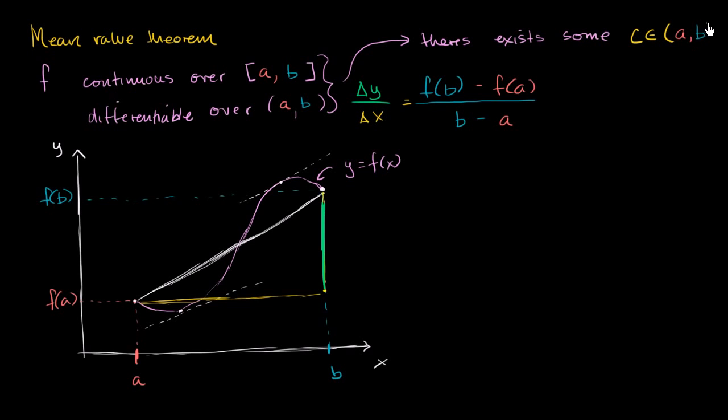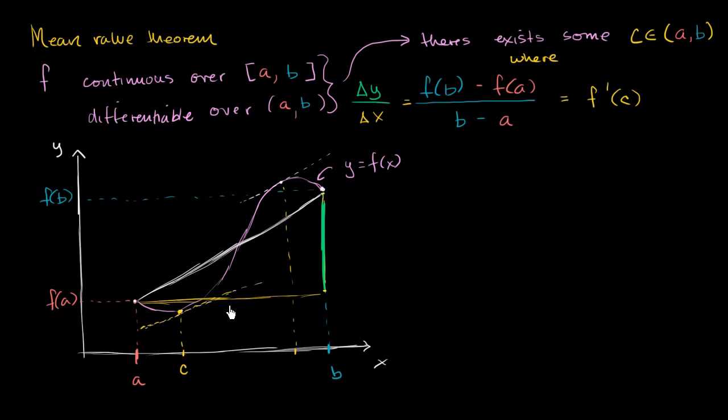So some c in this interval, where the instantaneous rate of change at that x value is the same as the average rate of change. So there exists some c in this open interval where the average rate of change is equal to the instantaneous rate of change at that point. That's all it's saying. And as we saw in this diagram right over here, this could be our c, or this could be our c as well.